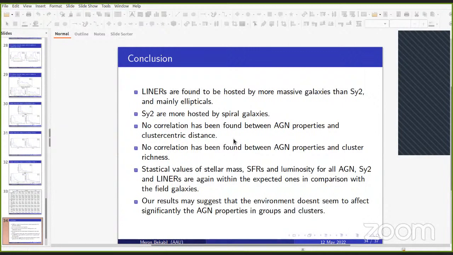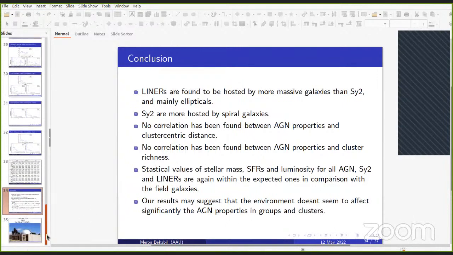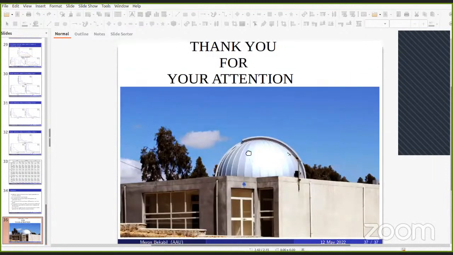So the statistics show us what we expect from the properties or the type of the galaxies, the morphological type, that is what we know from our local galaxies. So our result may suggest that the environment doesn't seem to significantly affect the AGN properties in the galaxy groups and the clusters. So that is all. Thank you.